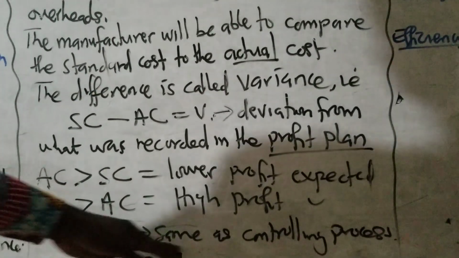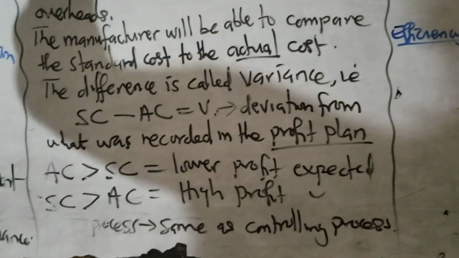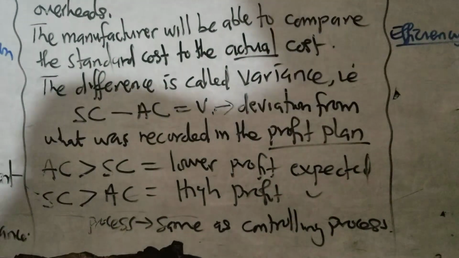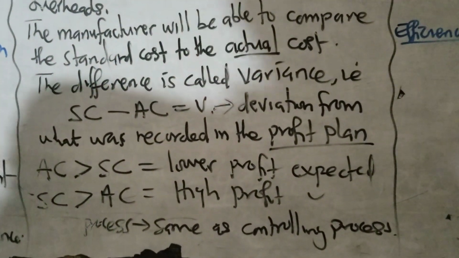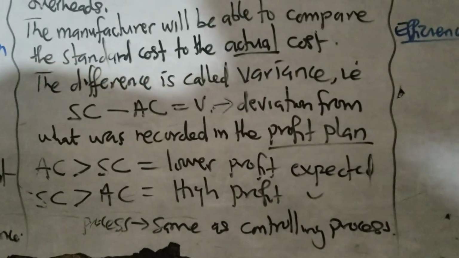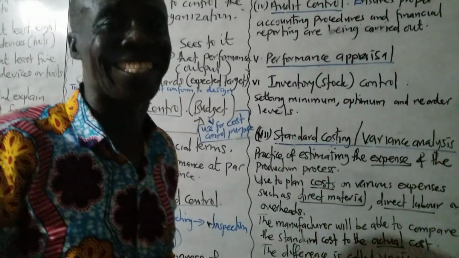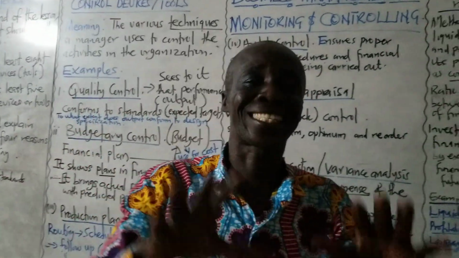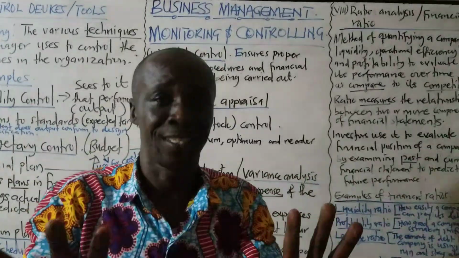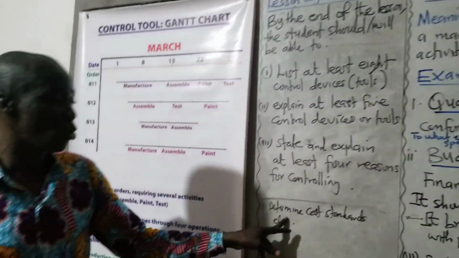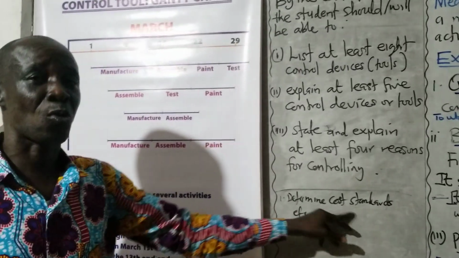And the steps involved in this standard costing is similar to the one we did when we were looking at the steps involved in controlling. Remember, we said the first step involved in controlling is to set standard. But here we are looking at cost. So you set cost standard. You determine your cost standard.